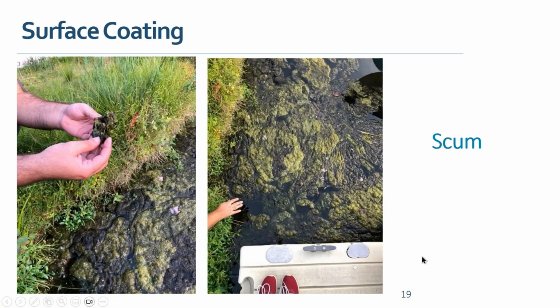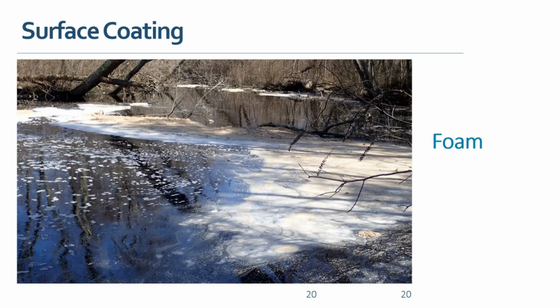Is there a scum? Obviously that's not a technical term, but you'll look at the stream and you'll be like, ew. In this case, when you touch it, it's actually more cottony, but you would describe that as the choice that says scum. Sometimes there's foam. And this again can be natural or man-made.